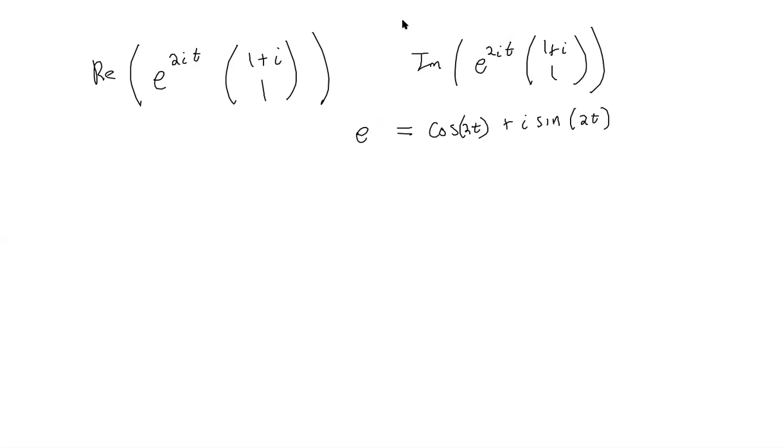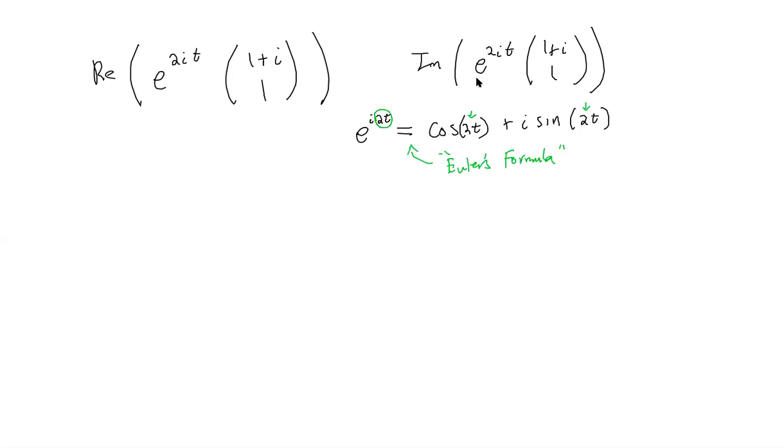This 2t goes right here and here. And it's e^(iθ) = cos θ + i sin θ. This is sometimes called Euler's formula. Well, really it's when t is specialized to something, but we'll just call it Euler's formula.